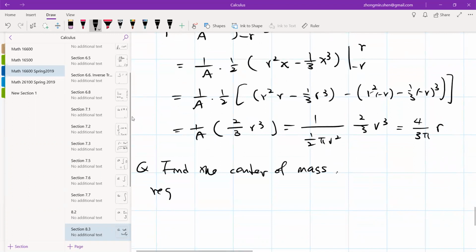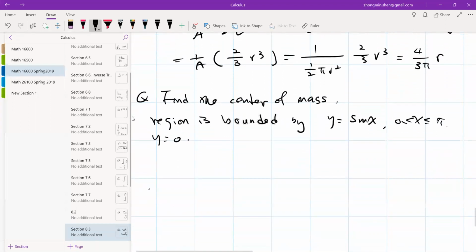The region is bounded by the curves y equals sine x, x is between 0 and pi, and y equals 0. Okay.